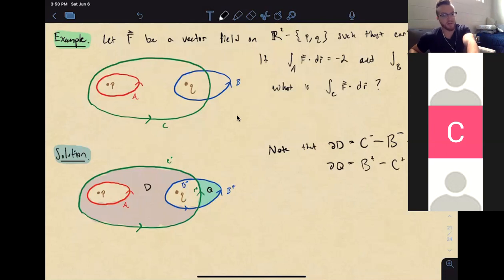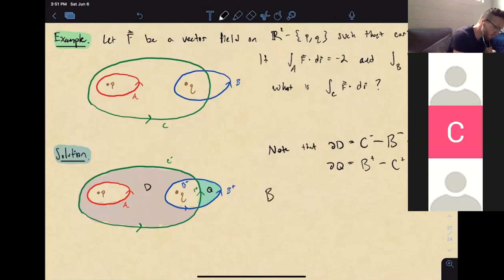I defined these funny regions somehow, and identified their boundaries. The reason why I did that is because I'm going to use Green's theorem.